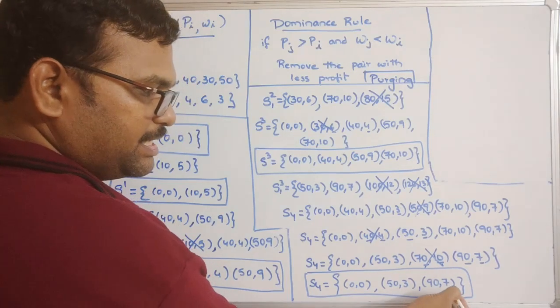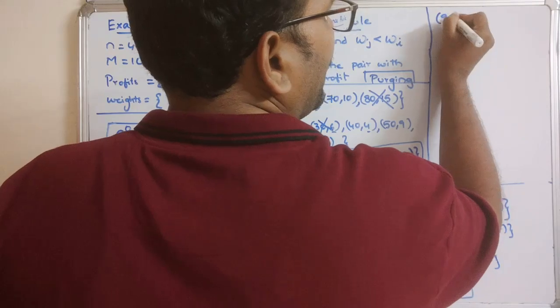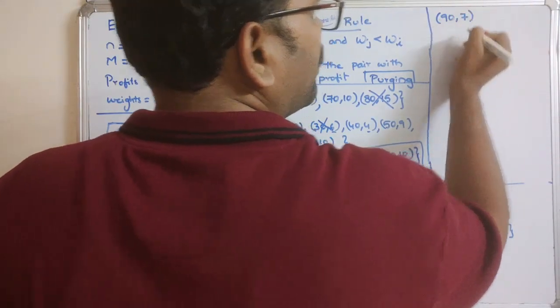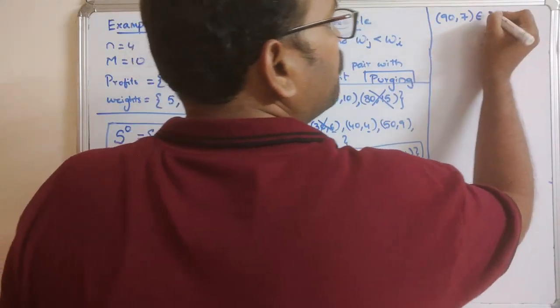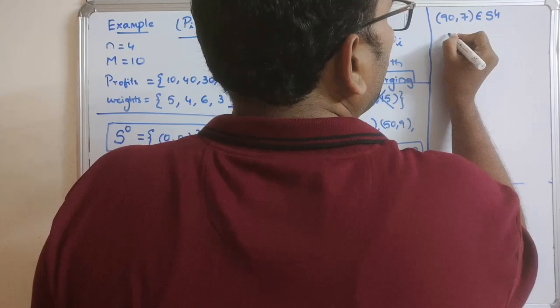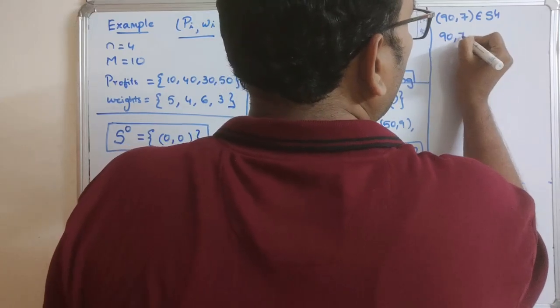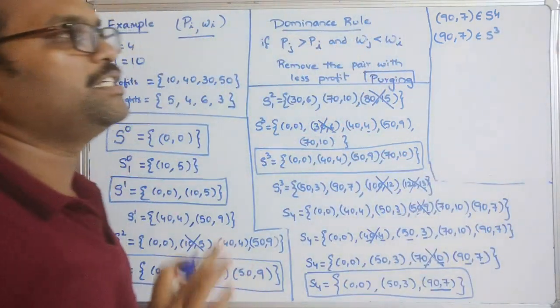So here the highest is this one. So just consider the same thing. So 90, 7. Check the conditions: does it belong to S4 and does 90, 7 belong to S3? Check both conditions.